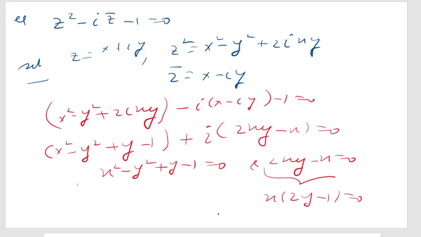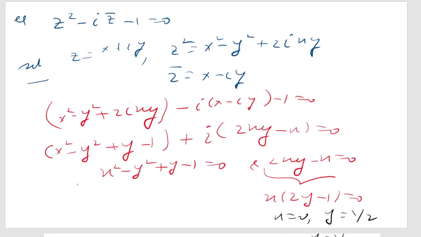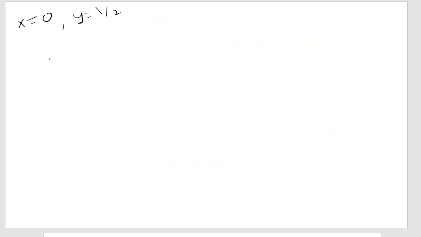That means either x is equal to 0 or y is equal to 1 by 2. Then we'll substitute into the first equation, x square minus y square plus y minus 1 equals 0.